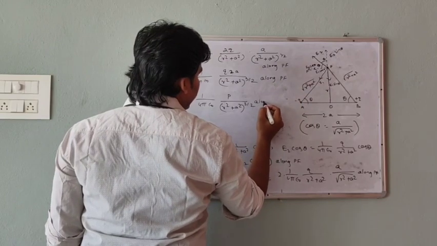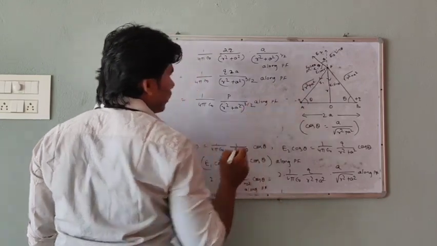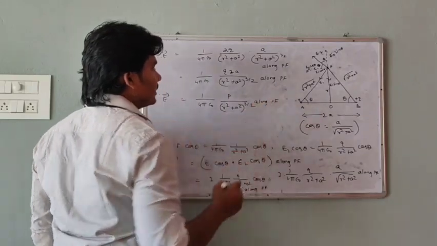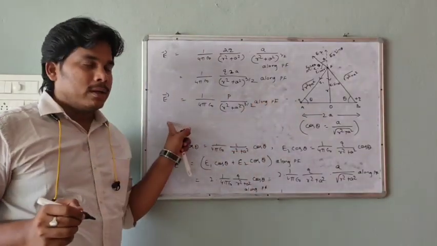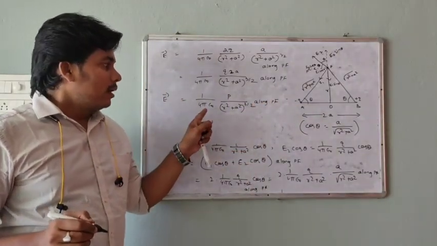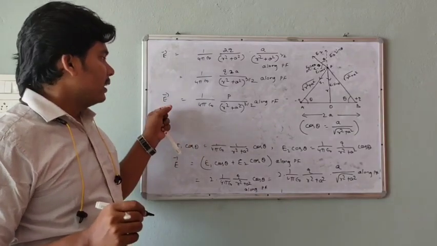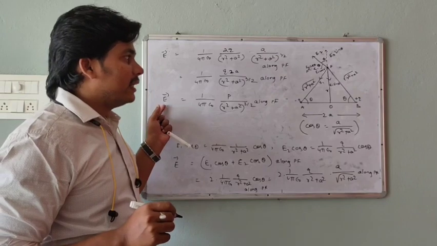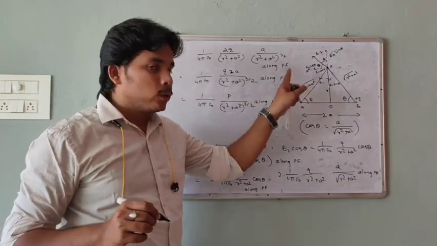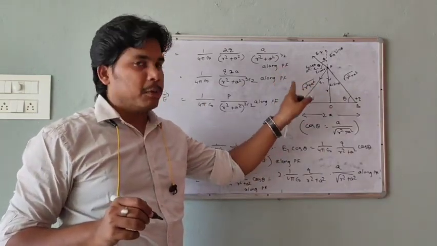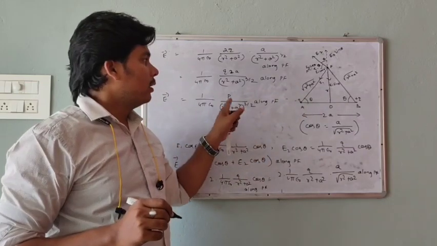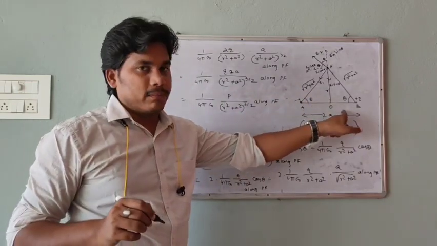Here also along PF. Understood? This is the magnitude plus direction, as electric field intensity is a vector quantity. This is the electric field intensity for the equatorial line, or the broad end position, of the electric dipole. Understood?